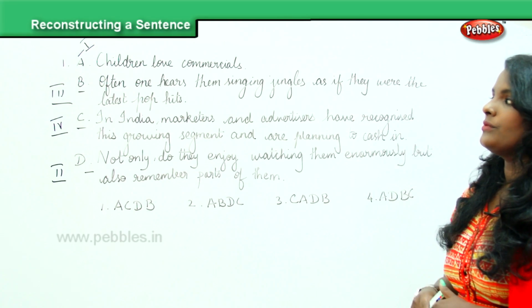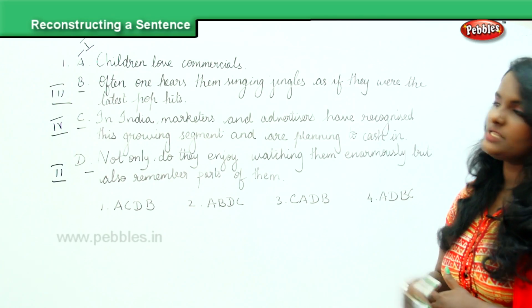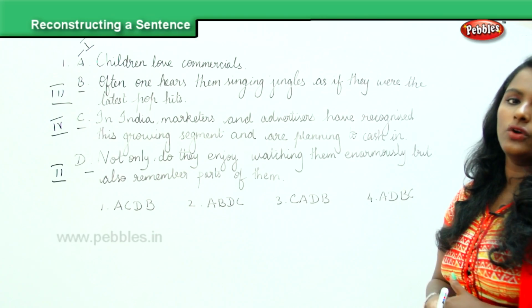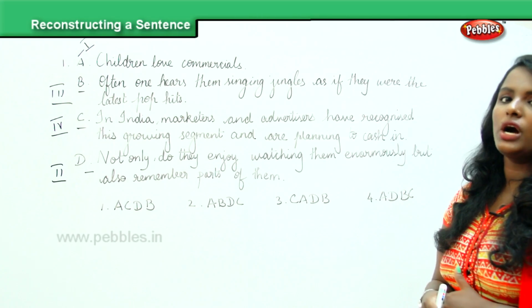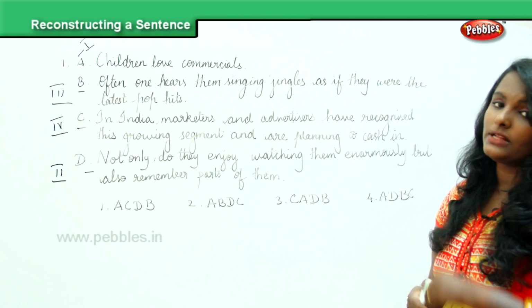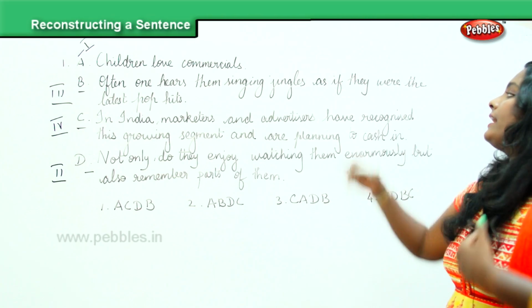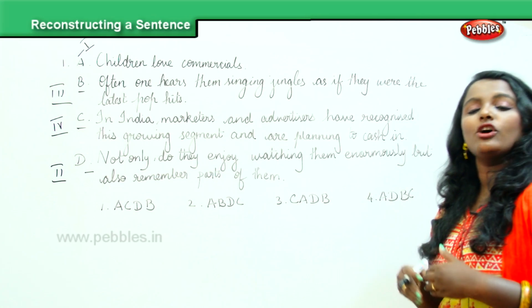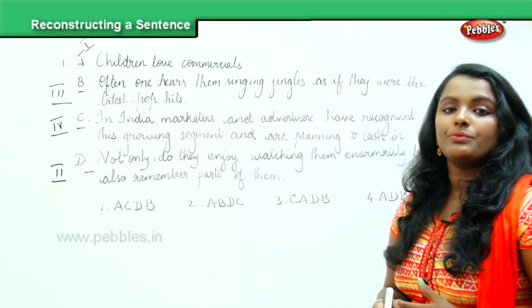So, the passage has begun with a theme sentence and it has moved over and conveyed as to how children not just watch and enjoy but also remember the parts of the jingles. And then the third sentence says how they keep singing them very often, just like some latest pop hits.